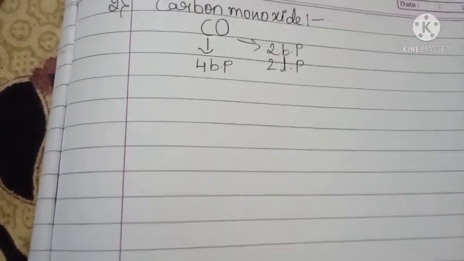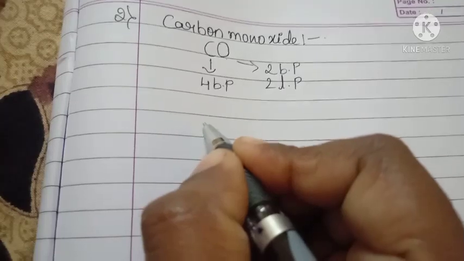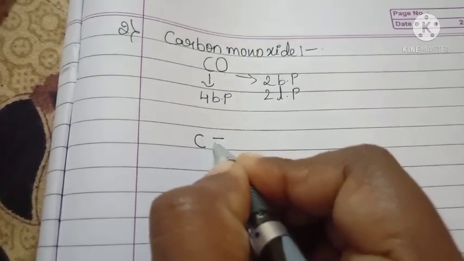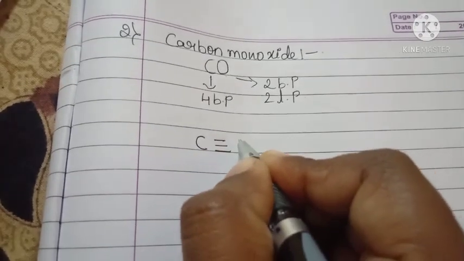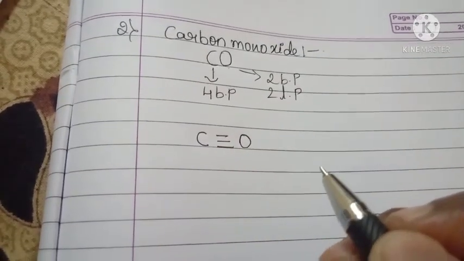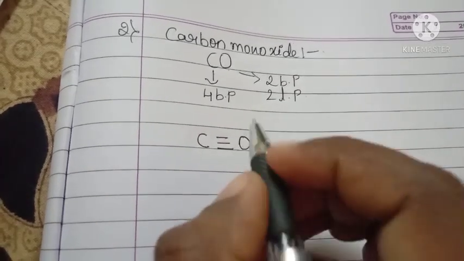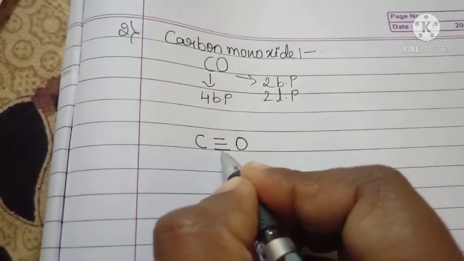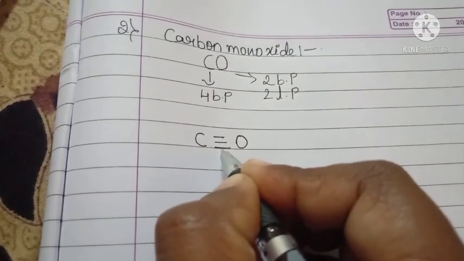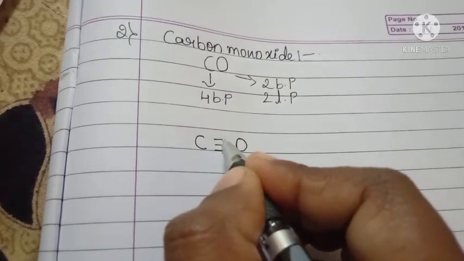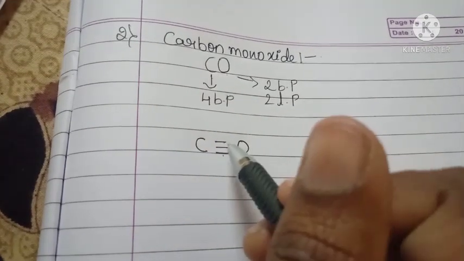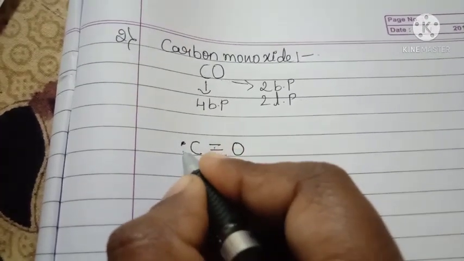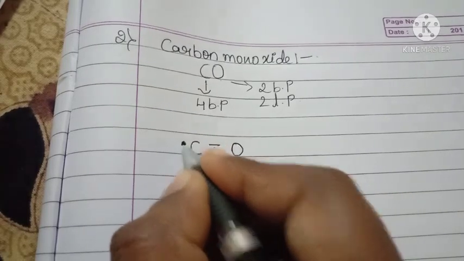In that you have to observe here, the actual structure of carbon monoxide is C triple bond O. Okay, this is the actual structure. Here you have to observe 1 2 3 bonds are there. Carbon has 4 bond pairs, but here only 3 bond pairs, so 1 bond pair is converted to 1 lone pair. Get it? Do you get it?